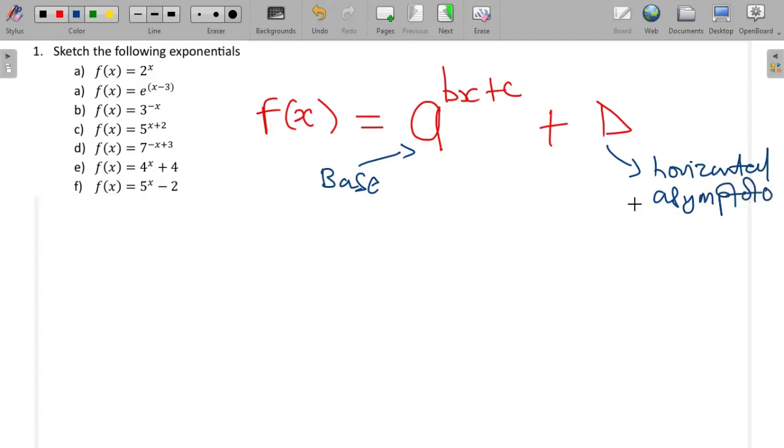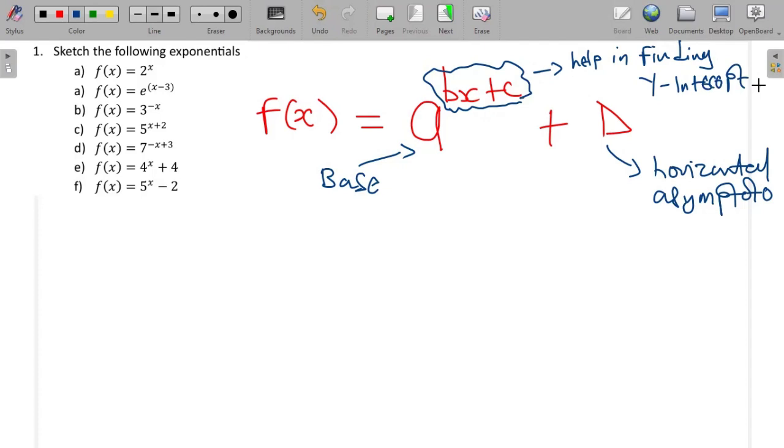And these guys here in the power are going to help us find what we call the y-intercept.